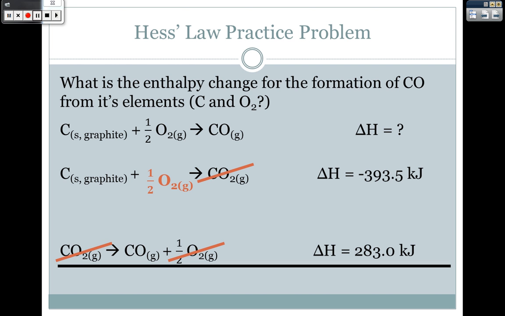But our carbon dioxide will cancel out evenly. And then when you rewrite that, you get carbon graphite plus a half O2 making carbon monoxide, which is exactly what we wanted. And we need to know what that delta H is. That delta H is going to now be equal to negative 393.5 plus positive 283 kilojoules. And so we get a negative 110.5 kilojoules.